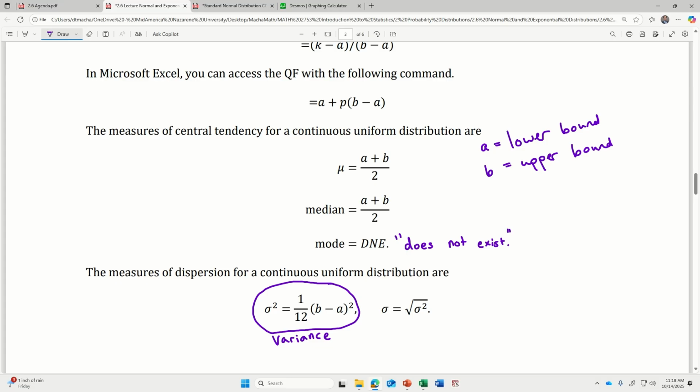The standard deviation is always the square root of the variance. So those are our 3 new distributions today: normal, exponential, uniform. We can do some examples after this. But questions so far? Anybody?